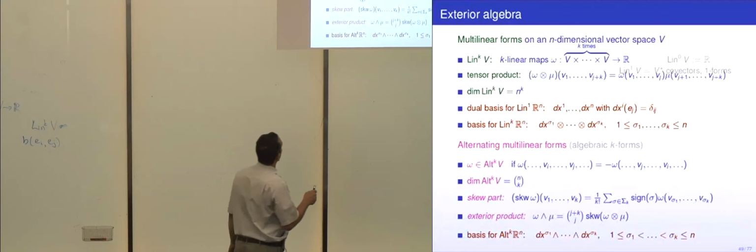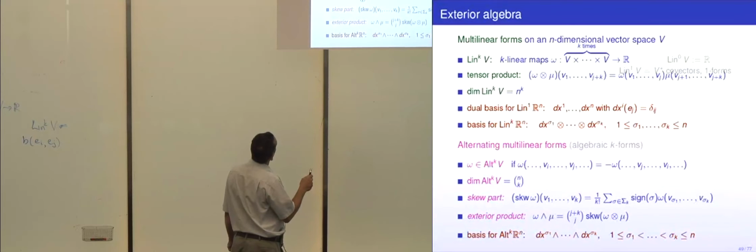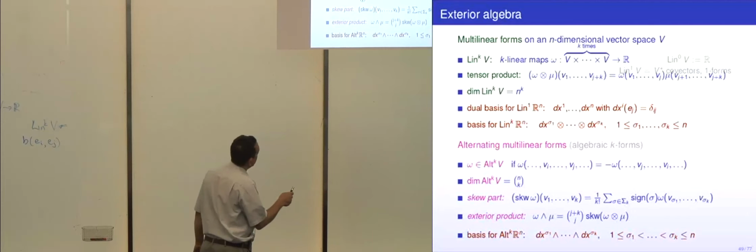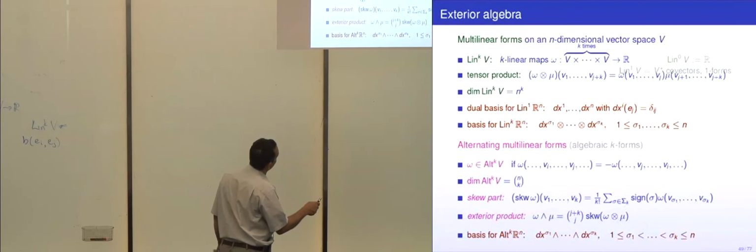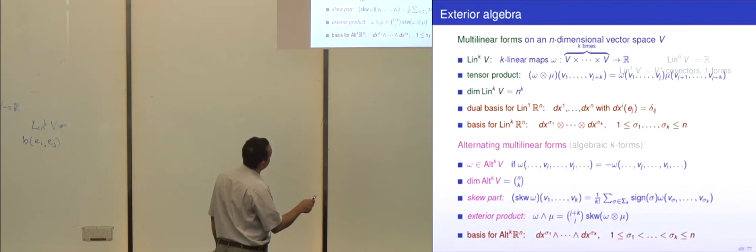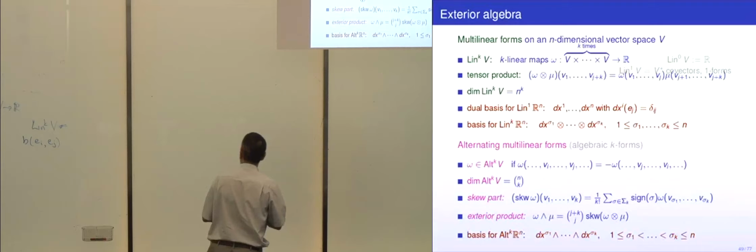There's a nice operator that takes any k-linear form to an alternating k-linear form: you take its skew symmetric part, which means you apply it not only to v_1 through v_k, but also all permutations of v_1 through v_k, and you add them all up with alternating signs depending on the permutation, and take the average. That's called the skew part.